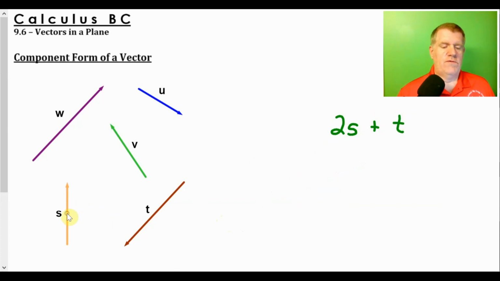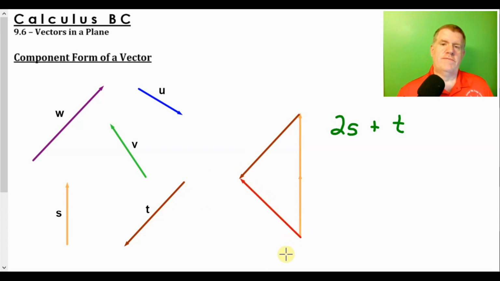So we just take our s, and we want 2 of them, so we're going to double it and add t to it, and now we have a resultant vector, which is the red one. That is 2s plus t. Okay.